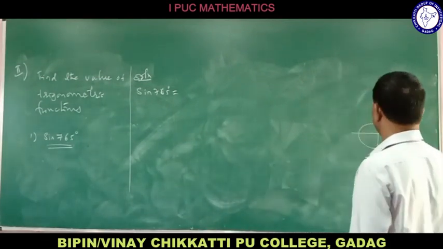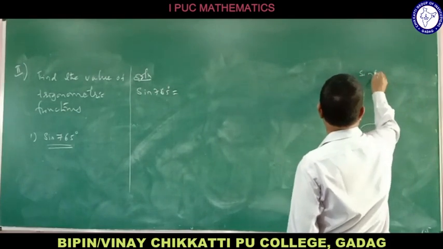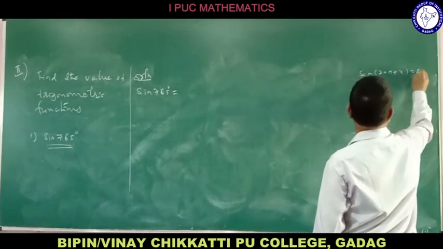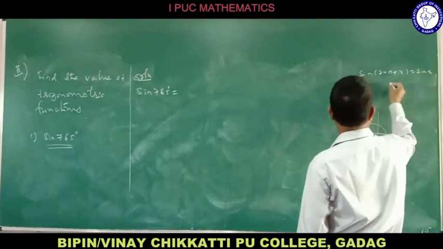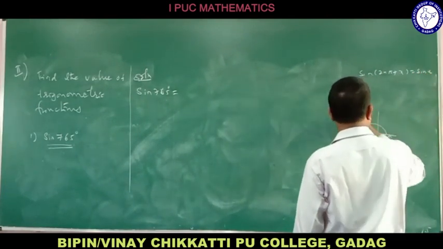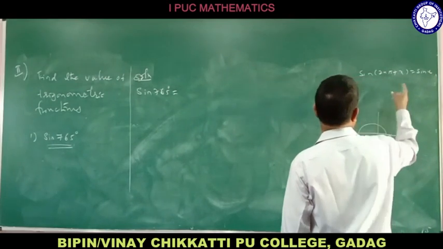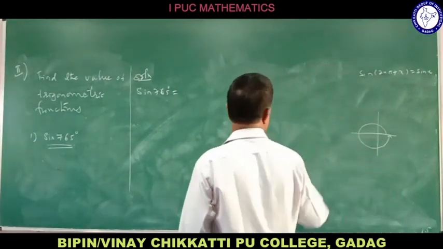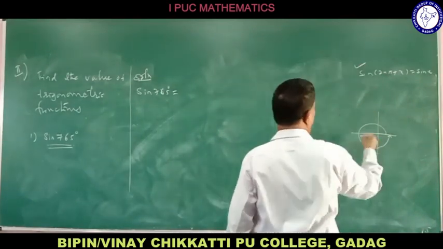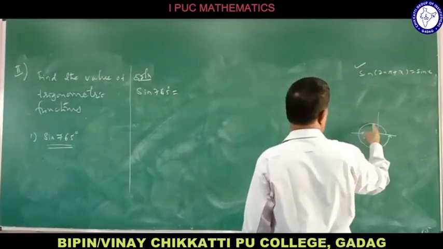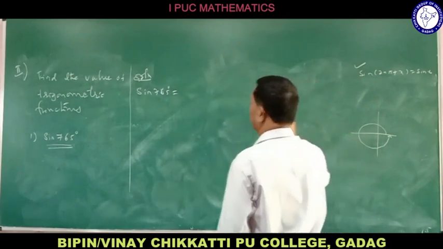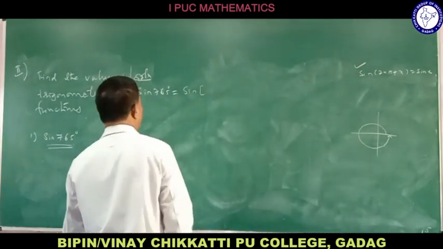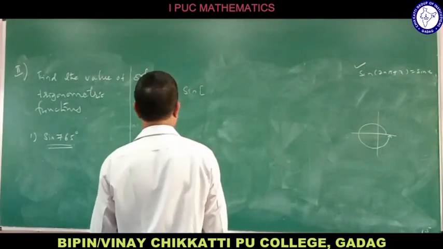And that formula you know, sin of 2n pi plus x is equal to sin x. And why? Because after taking one round, again you will find the same results. Using this identity, sine of 2n pi plus x, n is any integer, is sin x.